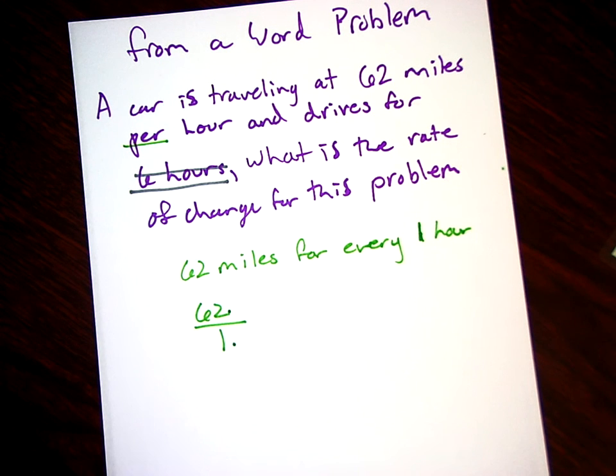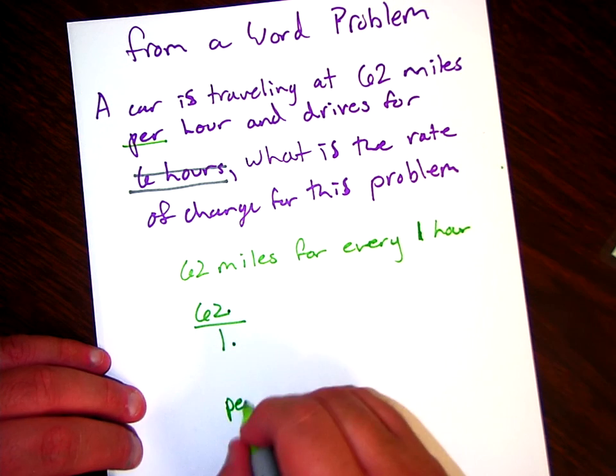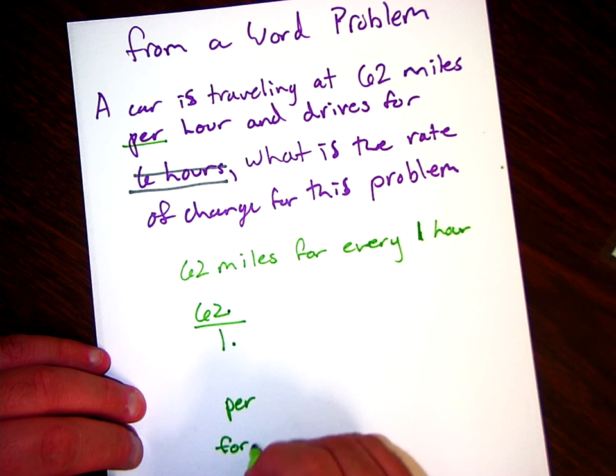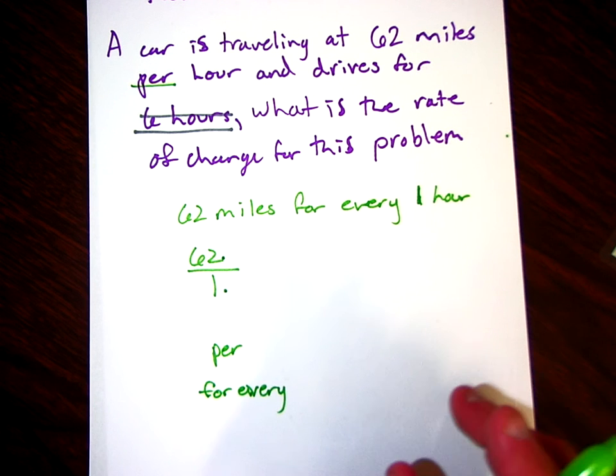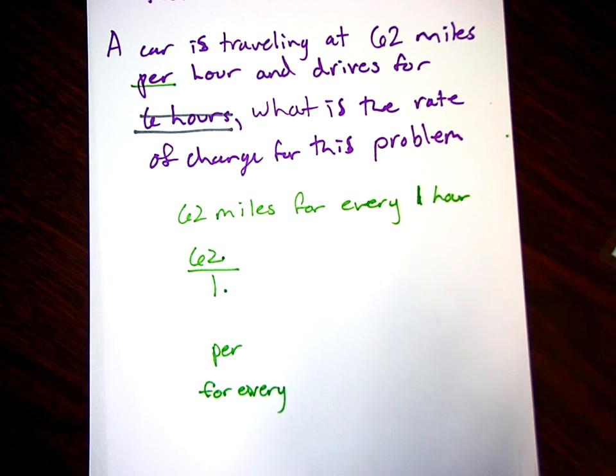Anytime you see the words per, for every, you know that's a constant rate of change. It's a linear function, and it's giving you, in words, the rate of change. It's giving you the answer.